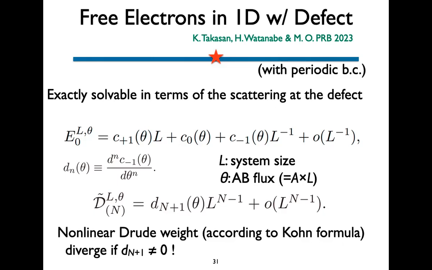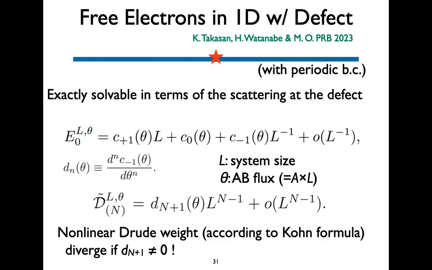But actually, this first term does not depend on the flux because this is the ground state energy density, so it's insensitive to flux. And this constant term is basically the defect energy, some extra energy due to a defect. So this also does not depend on the Aharonov flux. So the Aharonov flux dependence actually starts from the coefficient of the 1 over system size term. So we can define the nth order derivative of this term.